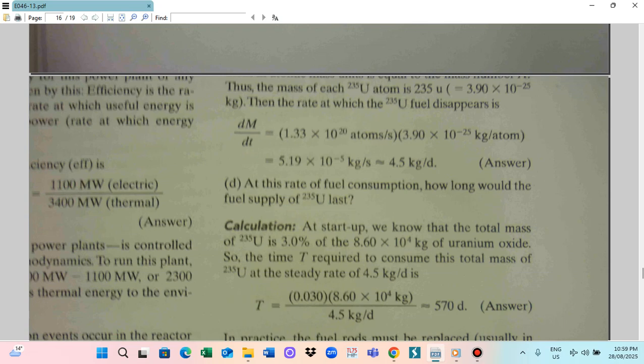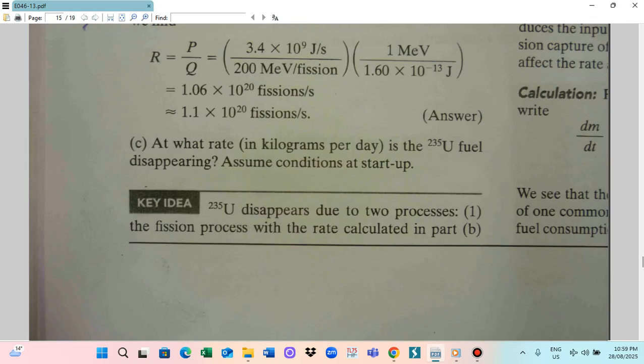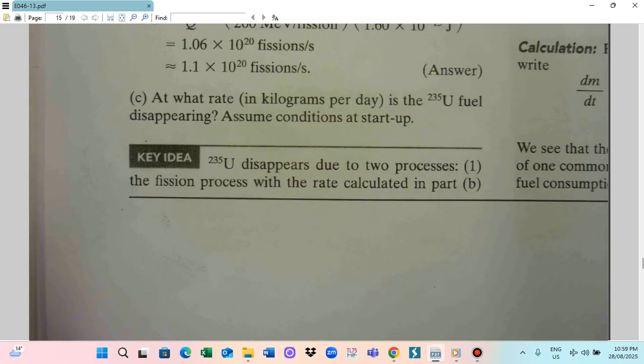Some atoms are wasted, around 25% waste. So 1 plus 0.25 multiplied by 1.06 times 10 to the power 20 atoms per second means 1.33 times 10 to the power 20 atoms are disappearing.